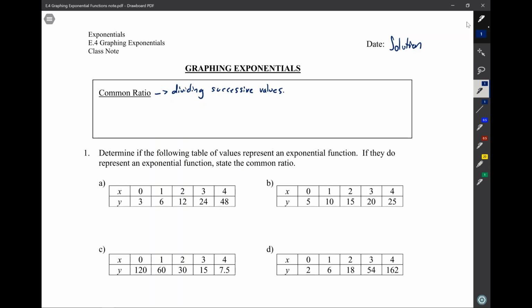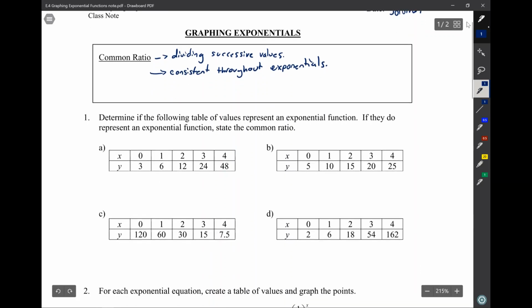Common ratio will be consistent, that means the same, consistent throughout exponentials. So the common ratio, I'll show you what I mean by that right here.